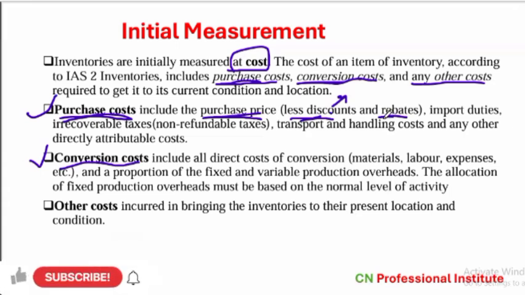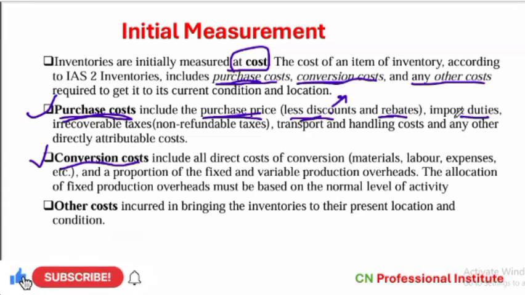A rebate is a partial refund or reimbursement provided to a customer after purchase. So a discount is given at the point of purchase, whereas a rebate is a reduction after the purchase or sale is made. If the purchase price includes both discounts and rebates, then we have to deduct them.